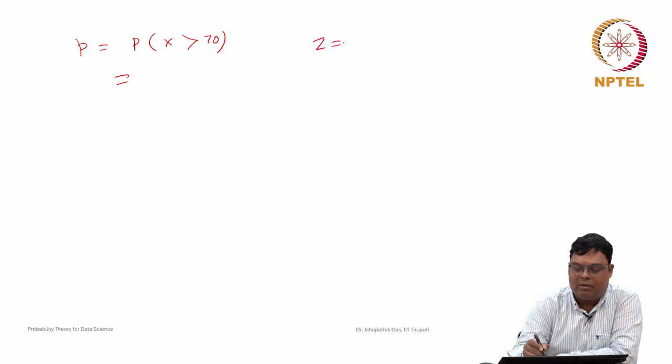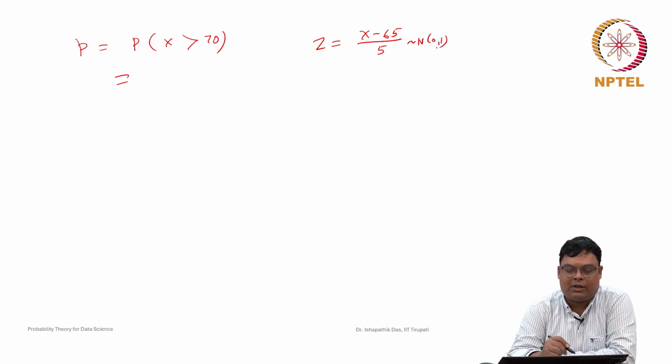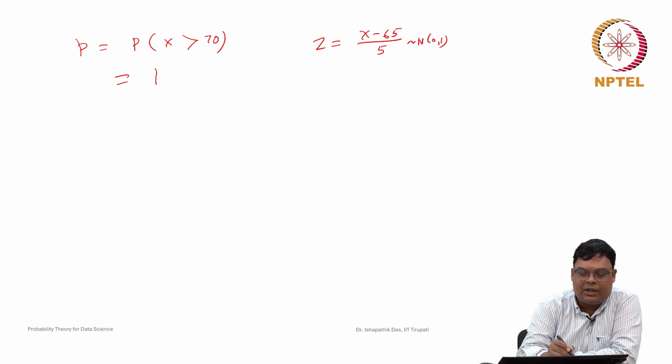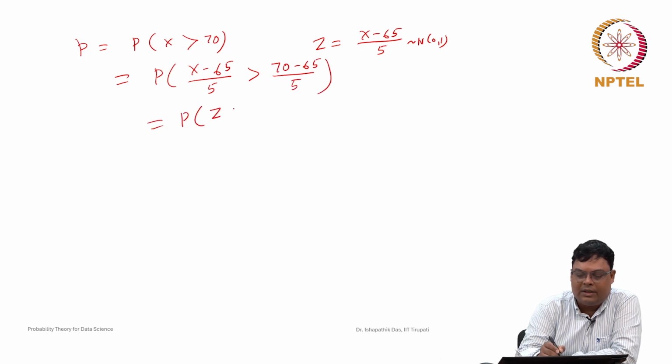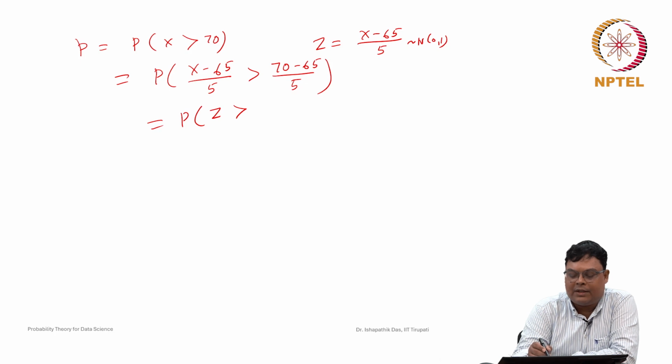Then Z equals (X minus 65) by 5, which is normal 0, 1. So we use the similar concept here. If X is greater than 70, then (X minus 65) by 5 is greater than (70 minus 65) by 5, so p is the probability that Z is greater than (70 minus 65) by 5, which is 1.